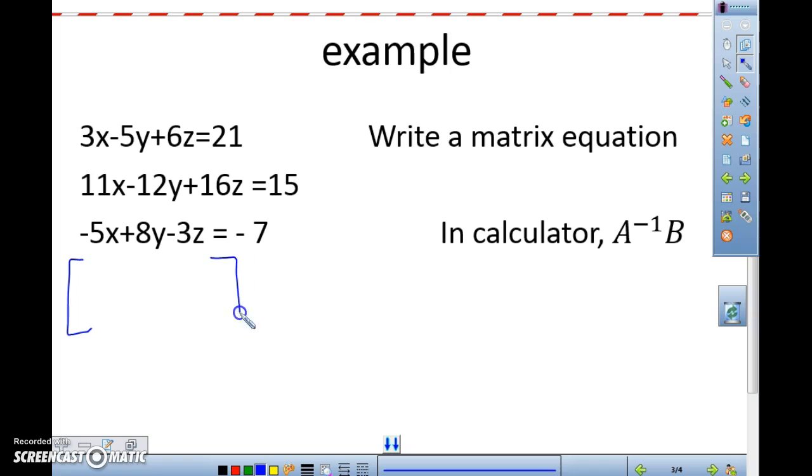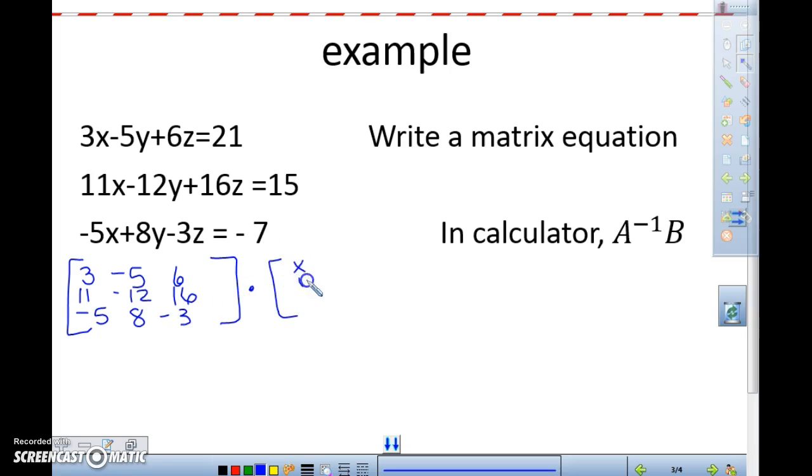So matrix A, what are we going to write? Going across. Read it off for us, Mr. Tank. Negative 5. Okay. All right.